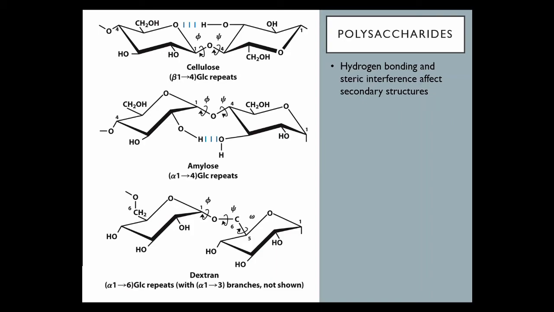Except, of course, if you have a situation like dextran, where the linkage between monosaccharides is between the 1 carbon of a glucose and the number 6 carbon of another glucose. Because the 6 carbon sticks out of the plane of the ring, there's actually a third rotational angle. So the secondary structure can get a lot more complicated with polysaccharides than it can with polypeptides.